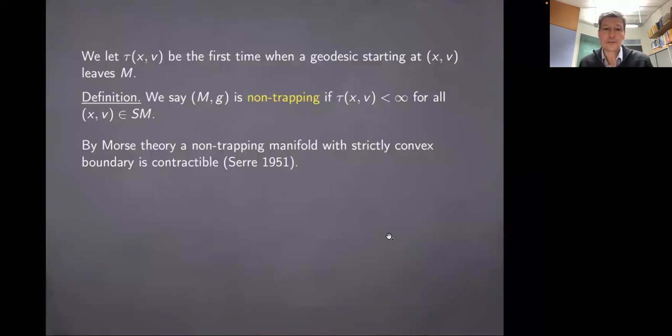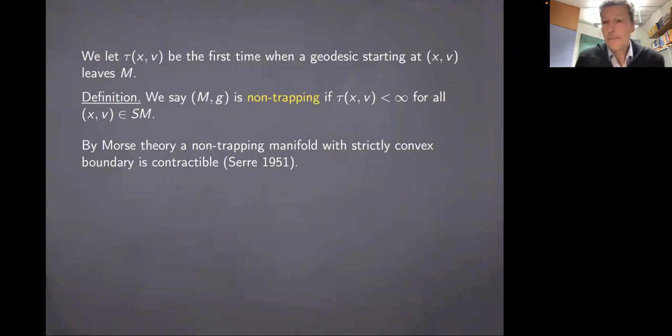And I'm going to assume something about the geodesics on my manifold. I'm going to say that my manifold is non-trapping if every time that I begin at a point x on the manifold and a tangent vector v, and I follow the geodesic, I exit in finite time, a finite time that I call tau of x,v.